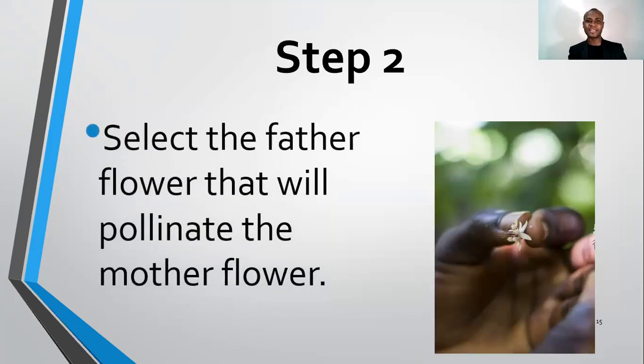Step 2, select a father flower that will pollinate the mother flower. Like you will see in this photo here, you are going to pluck the flower, and the one you remove becomes the father flower. So father flower and mother flower are on 2 different trees.